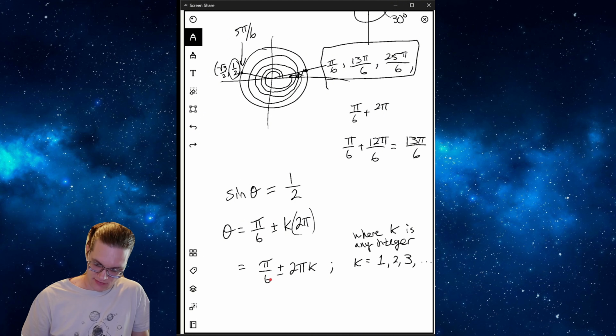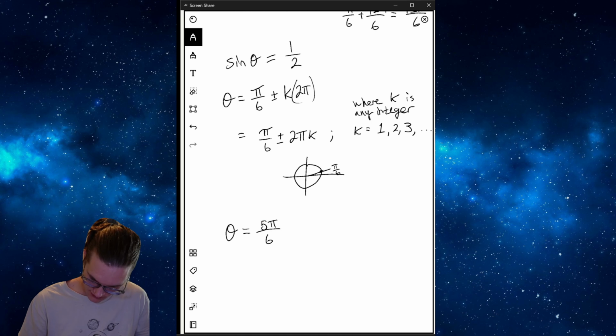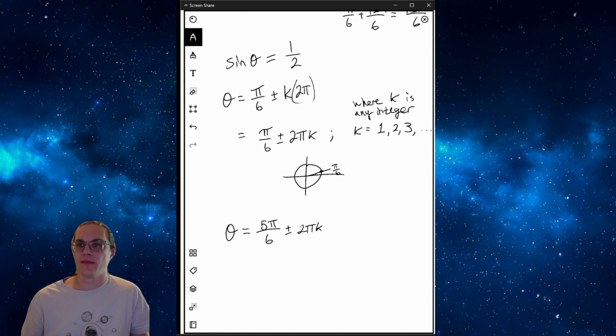So essentially what I'm doing is the plus 2 pi k is doing this. And then minus 2 pi k will be going the other direction. And the other solution over here, 5 pi over 6, works exactly the same way. So theta also equals 5 pi over 6 plus or minus 2 pi k.